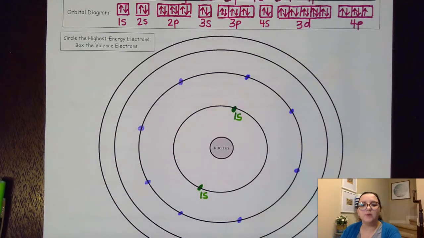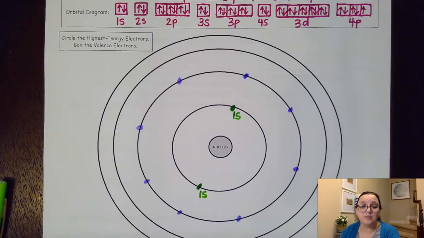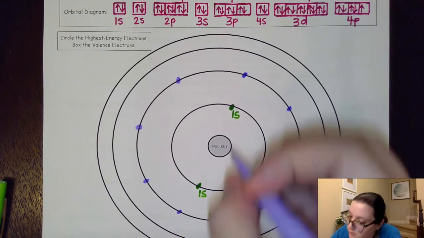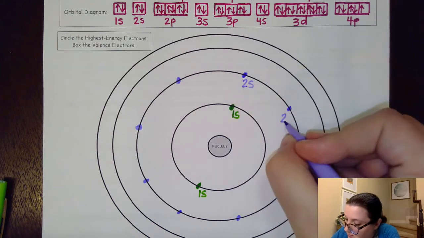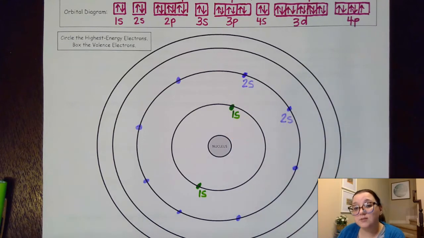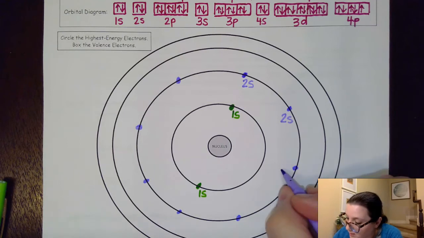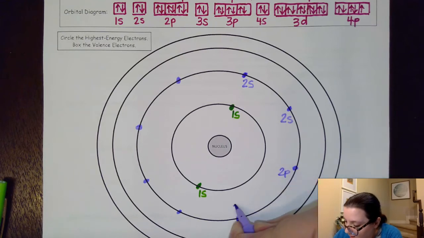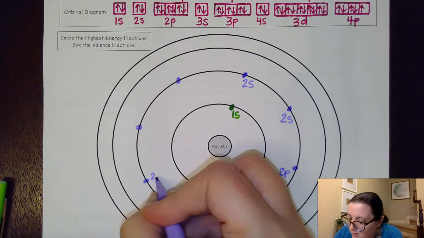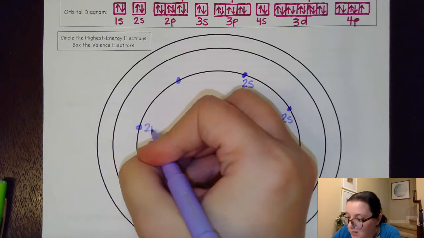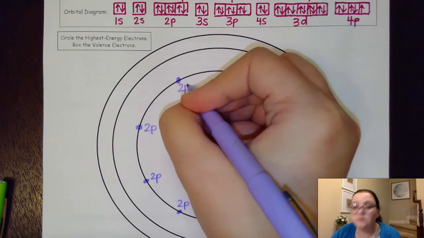What we're going to do is label those dots with the sublevel they're in. So 2 of those electrons are in 2s, and then the other 6 electrons are in 2p. They would actually be in hourglasses. I'm not showing those hourglasses, but by writing p next to them, that would indicate that they would be in that kind of shape.